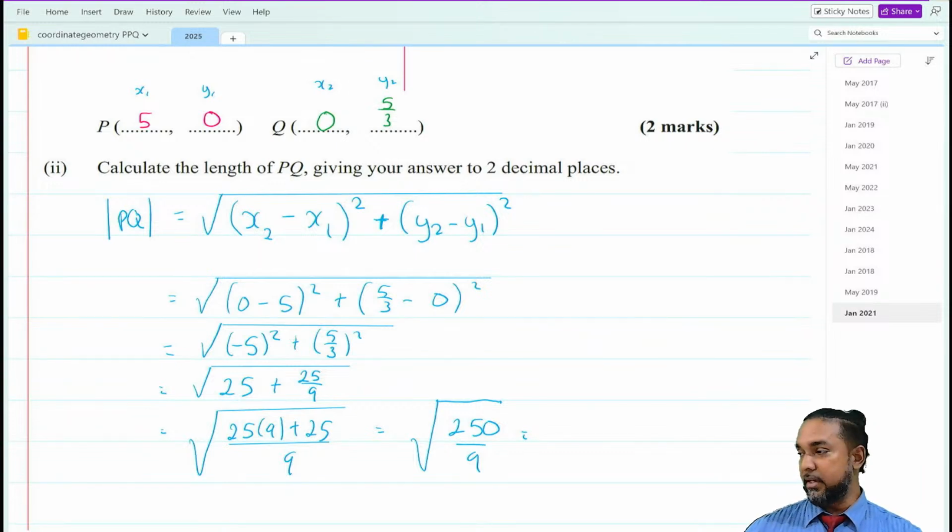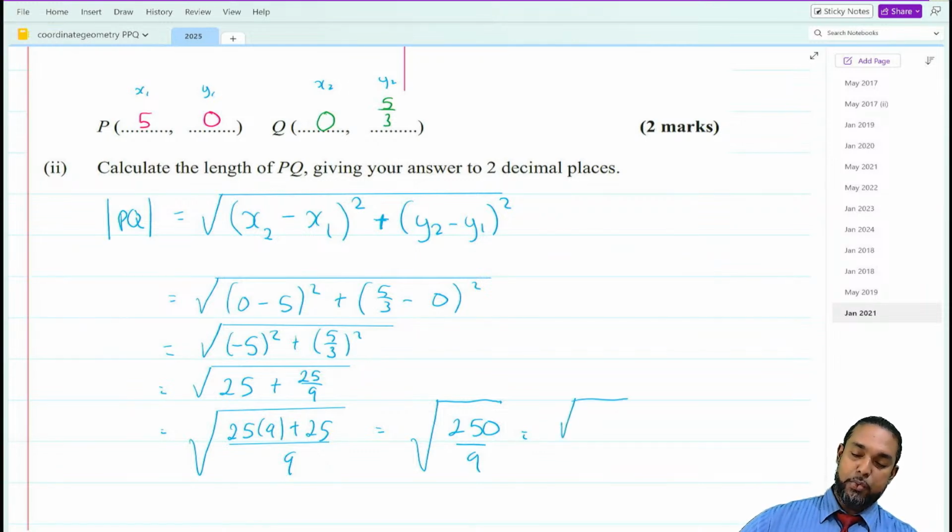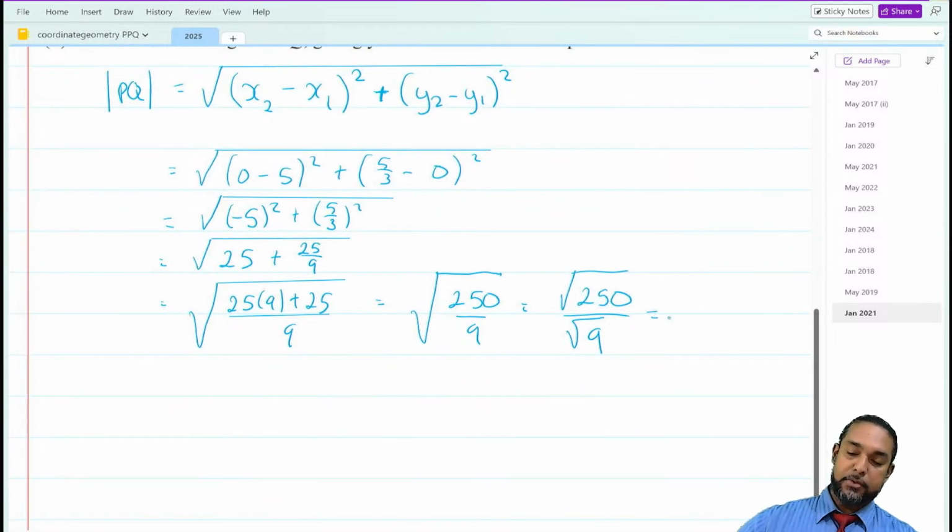For those who want to see a little trick here, the square root of a fraction is the same as the square root of the numerator divided by the square root of the denominator. Right? Now, square root of 9 is very simple. That's 3. In the numerator, you could actually split apart a square root into like a product.